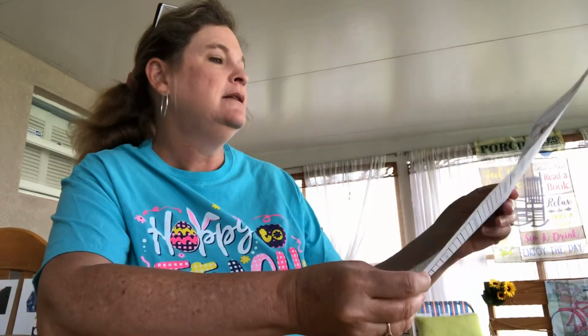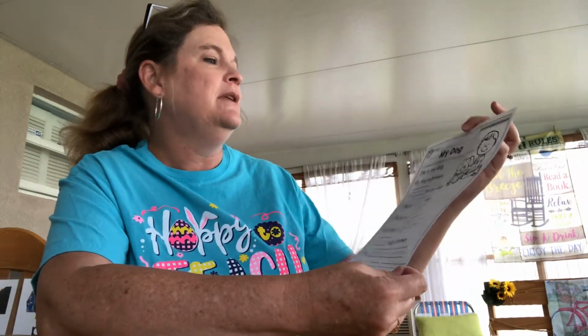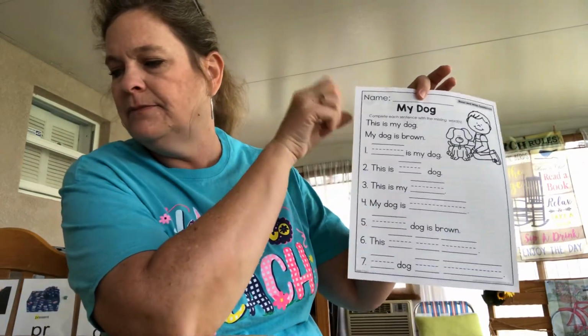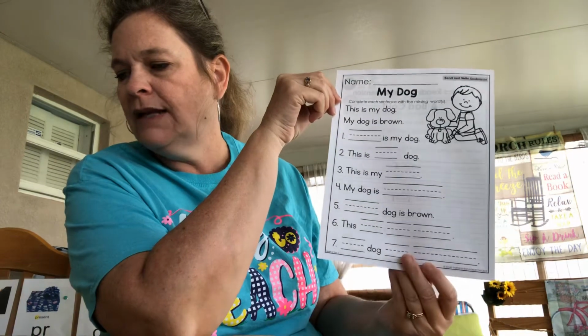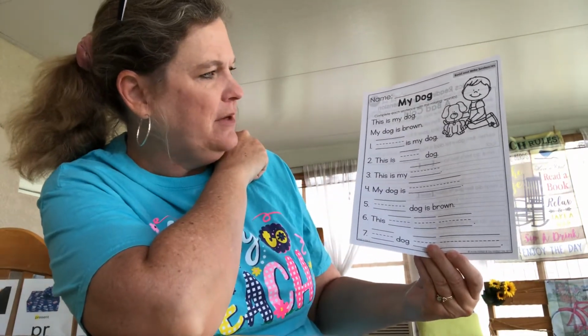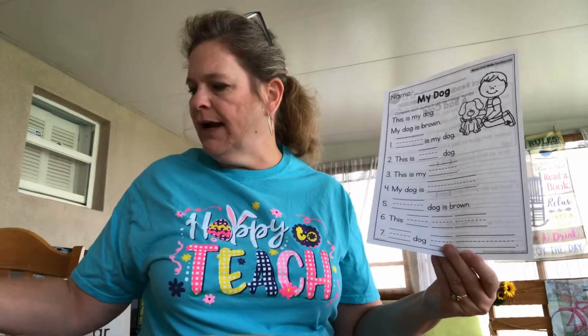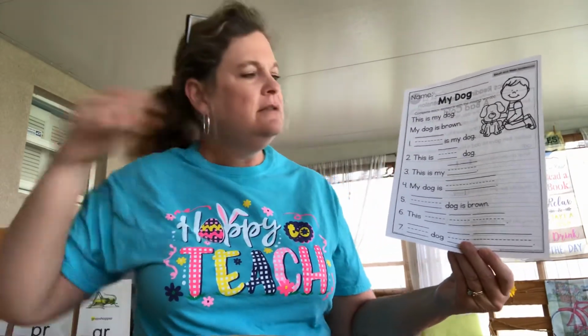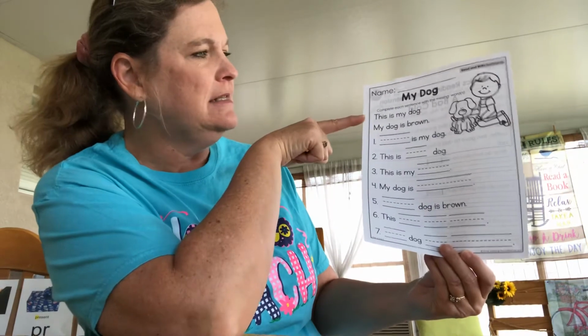And the next page, this one is a little different. This is read and write sentences. It says sight word practice, but this is a little different than our normal sight word practice page. So this has two sentences at the top.